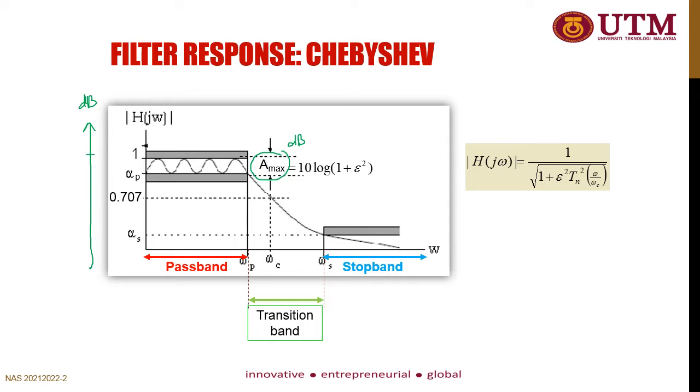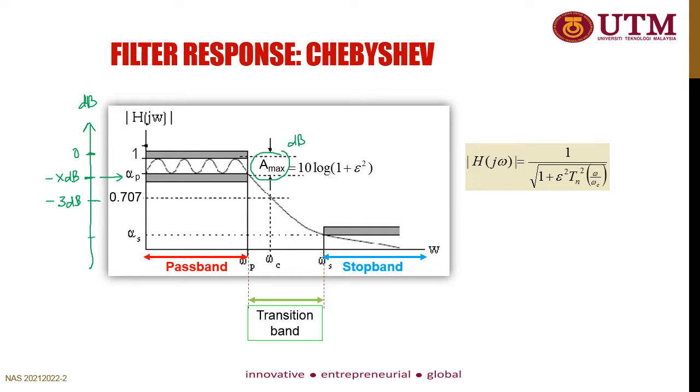If it is 1 in linear, it's 0 dB, and then alpha p, you have the gain in negative x dB for the passband gain. 0.707 is the cutoff area, so it's given by minus 3 dB. So it's minus 3 dB from the maximum, where the maximum power is 0 dB.